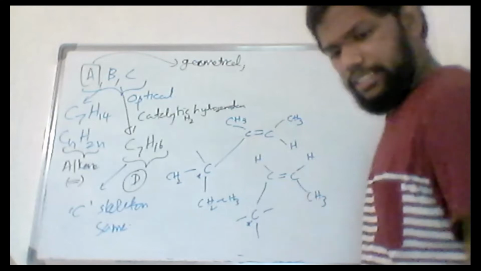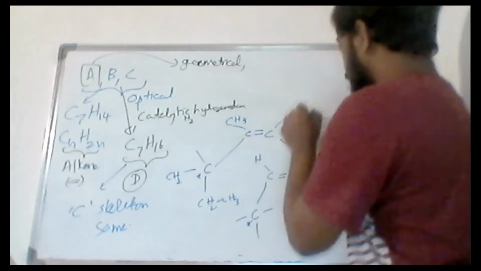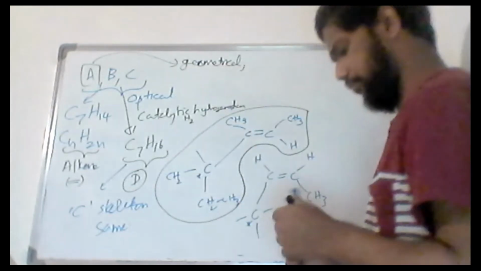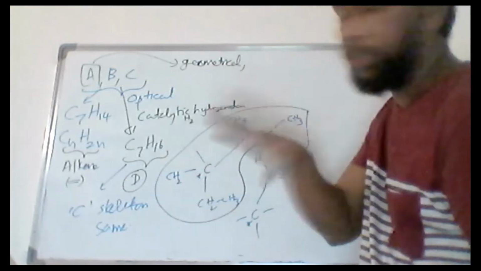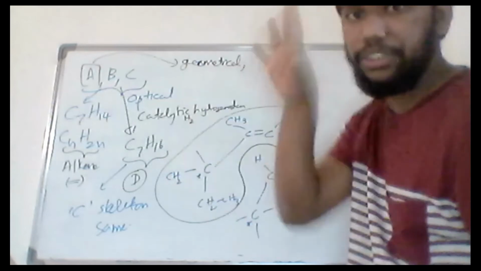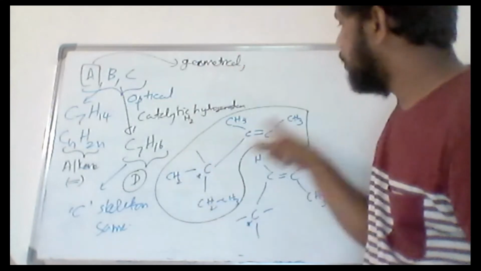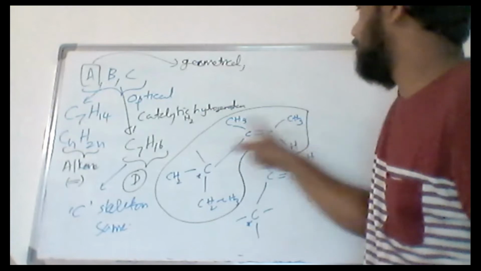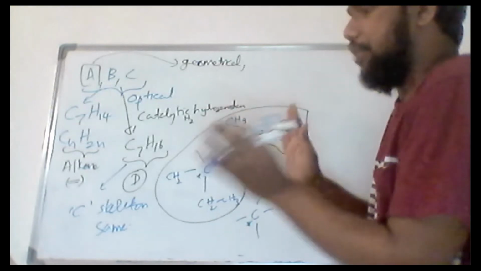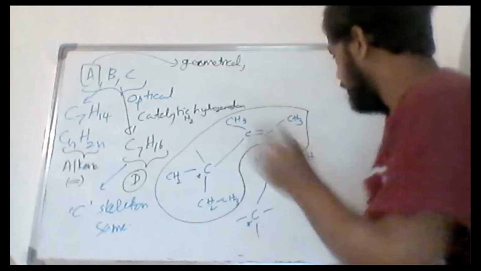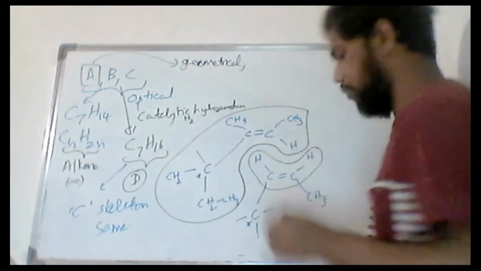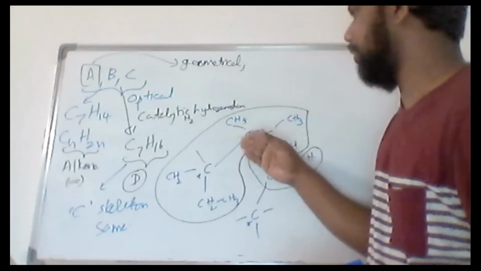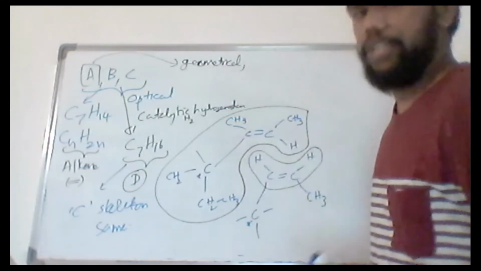But the problem with this structure, because we are going to predict compound A since it shows geometrical isomerism, is this. I think it could be a compound where there are two CH3 groups on the adjacent carbons of the double bond, or this one with two hydrogens, because this is the only way based on this structure to give geometric isomerism.